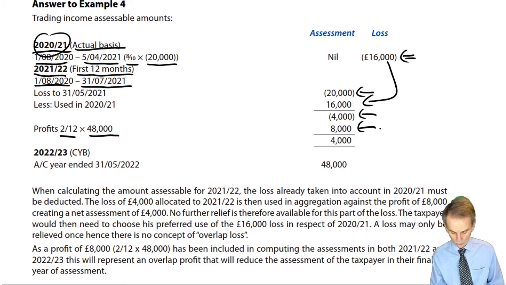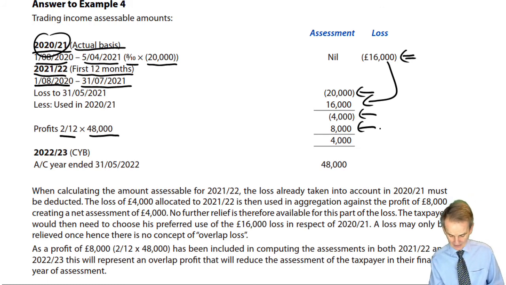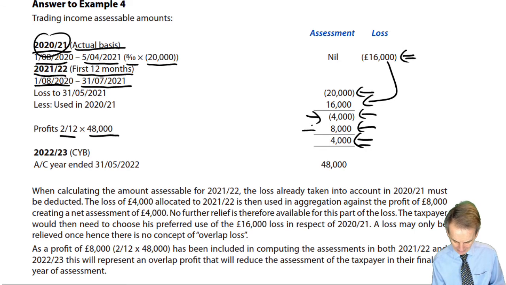That therefore uses up £4,000 of that loss, and still leaves you with a profit to assess of £4,000. So the remaining £4,000 of that loss has been used in aggregation against that profit.